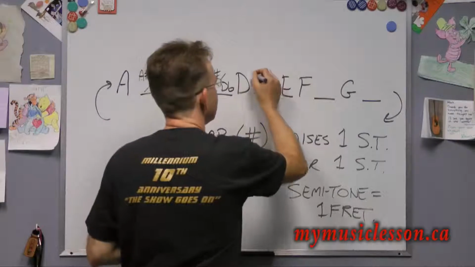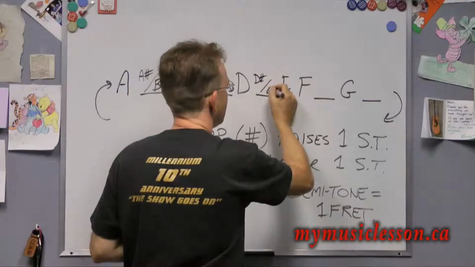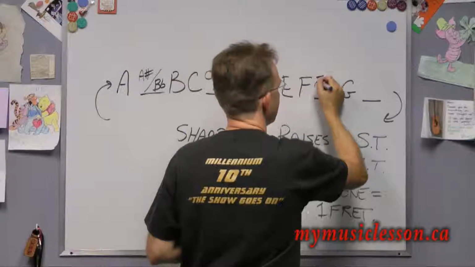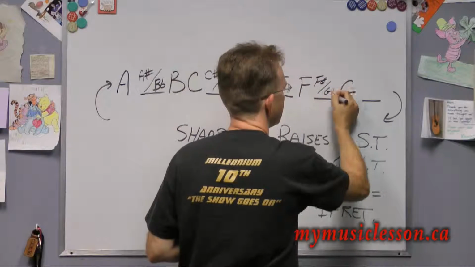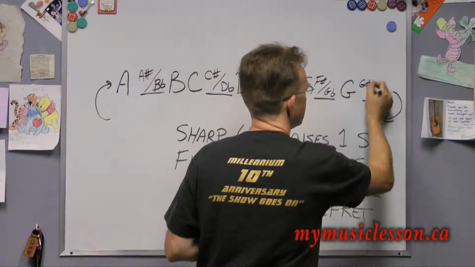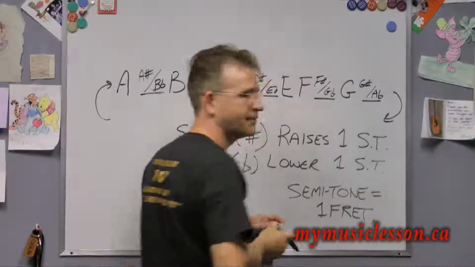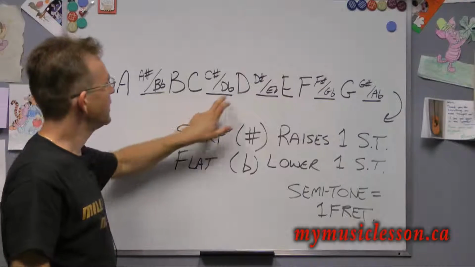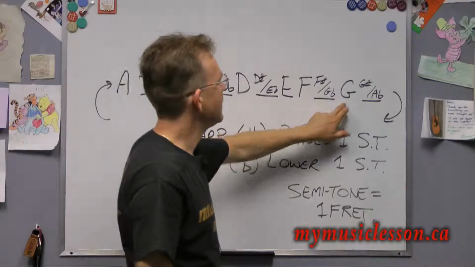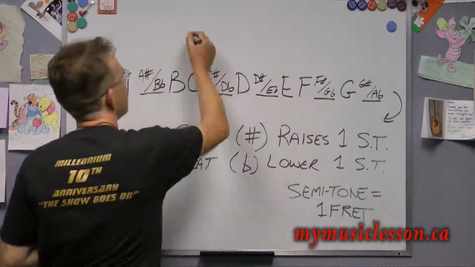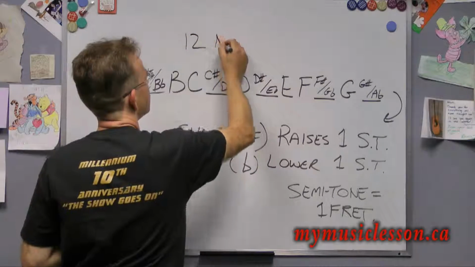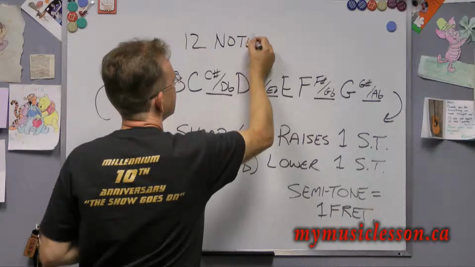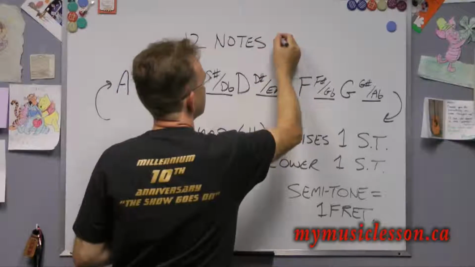So over here we've got D sharp, E flat, F sharp, G flat, G sharp, A flat. Count them up: 1, 2, 3, 4, 5, 6, 7, 8, 9, 10, 11, 12. You get a nice dozen notes, just like a dozen eggs.